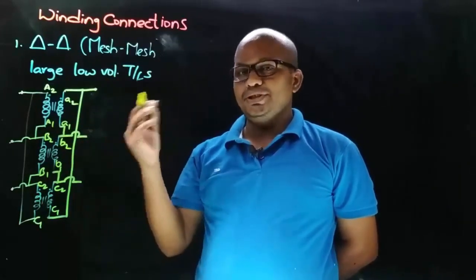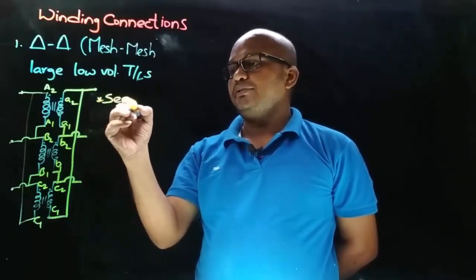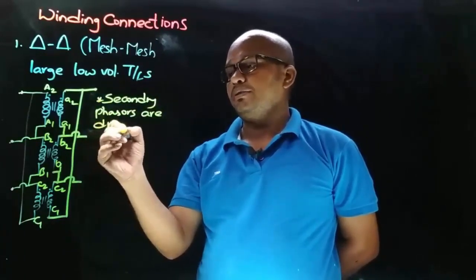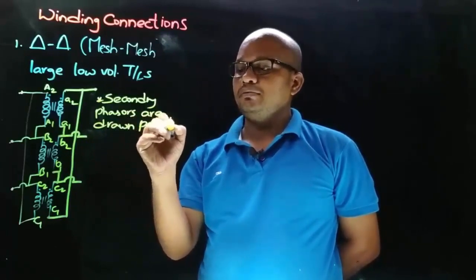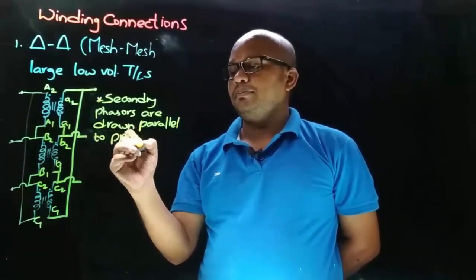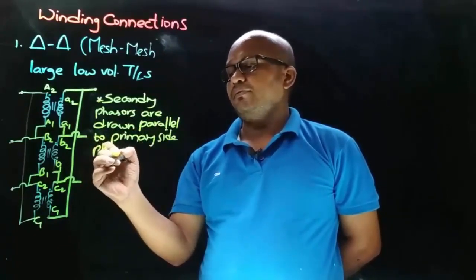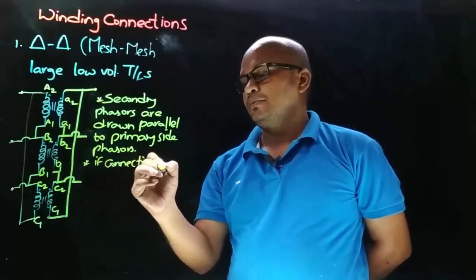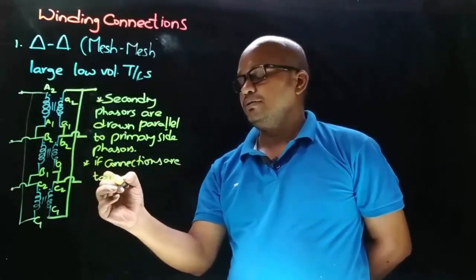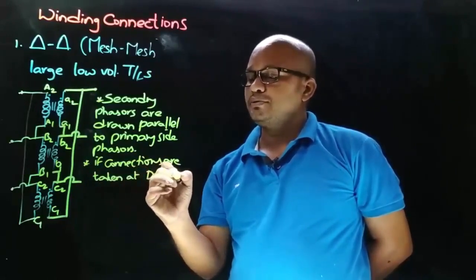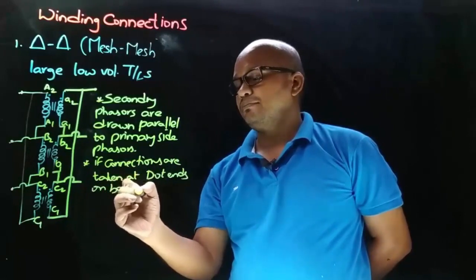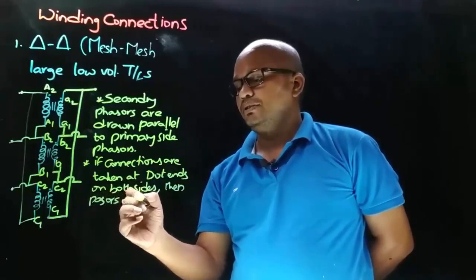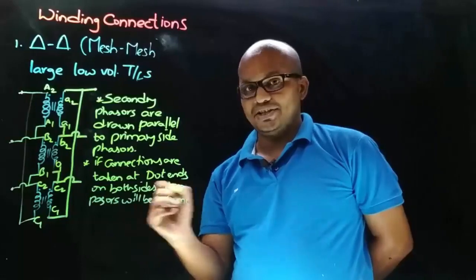And relating to phasor diagrams we need to discuss 2 points. Secondary phasors are drawn parallel to primary side phasors, and if connections are taken at dot ends on both sides, then phasors will be in same direction.